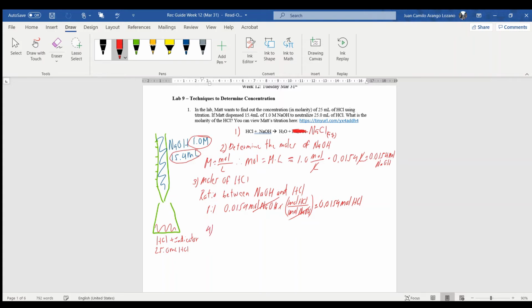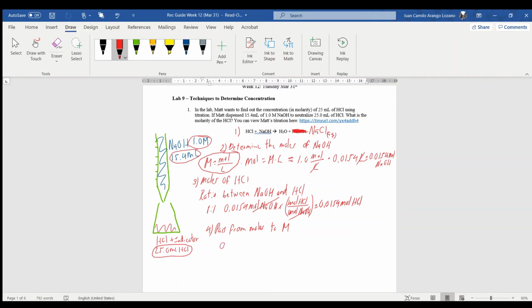And my final step in this case will be then to take that amount and pass from moles to molarity. If you remember, molarity, and I have it over here, I'm going to circle it up, is moles over liters. Therefore, you need the volume of hydrochloric acid you had. And guess what? We have it. They are telling us that we had 25 mL of hydrochloric acid.